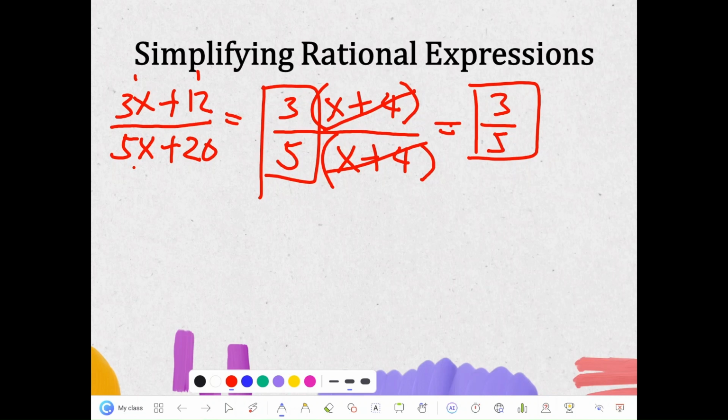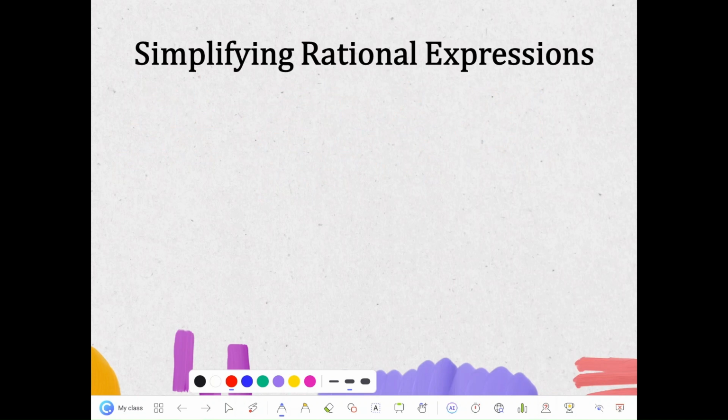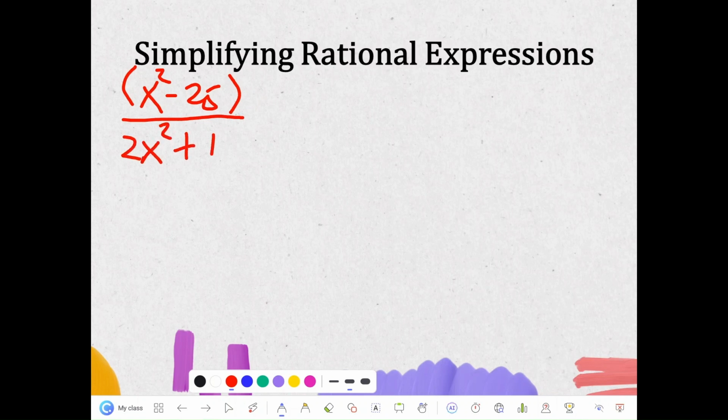Another example, kapag binigyan ka naman ng x squared minus 25 all over 2x squared plus 10x. So what you will do is you will factor muna yung numerator.